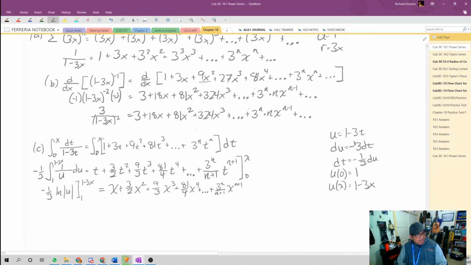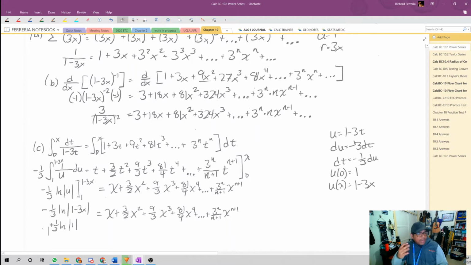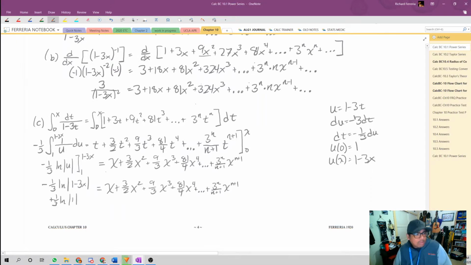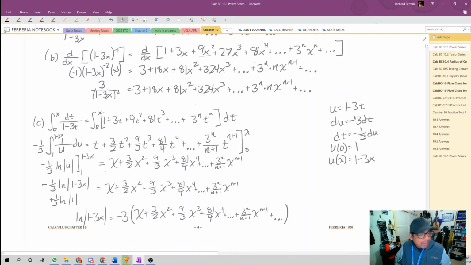All I need to do now is substitute on the left side. So negative 1/3 natural log of 1 minus 3x plus 1/3 the natural log of 1. Of course, the natural log of 1 is 0. And if I multiply both sides by negative 3, I now have a series for natural log of 1 minus 3x. Notice that I didn't bother distributing the negative 3 onto the right side. Not really important since that's a constant.